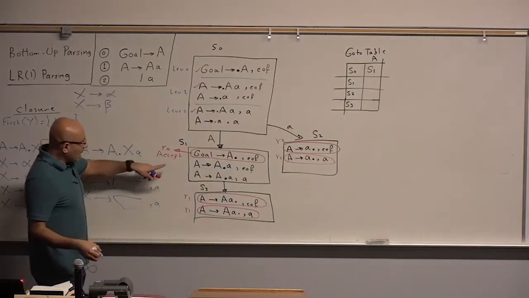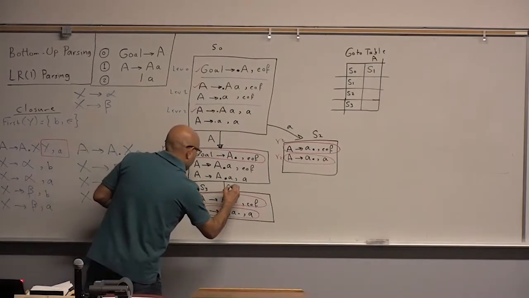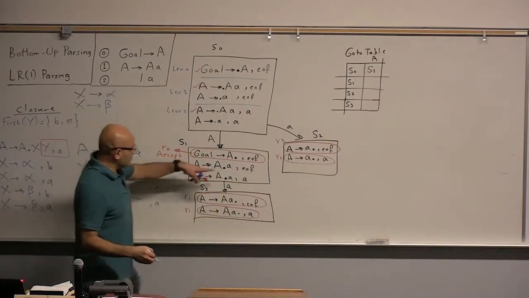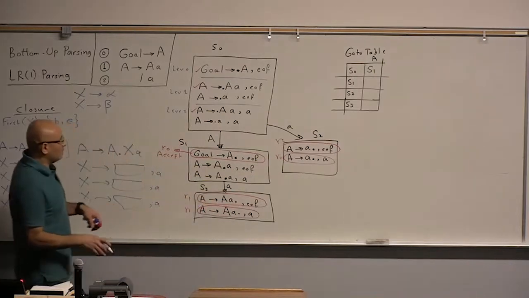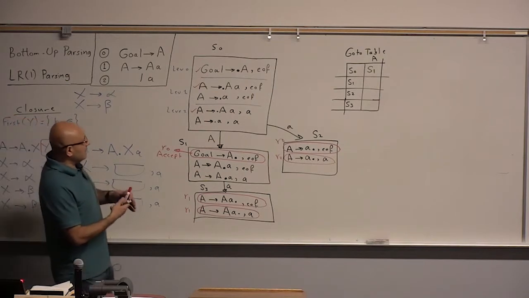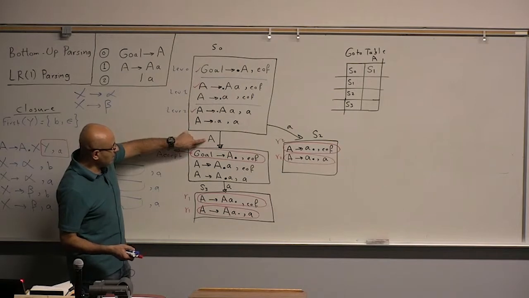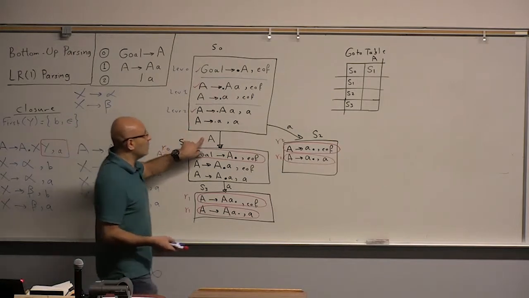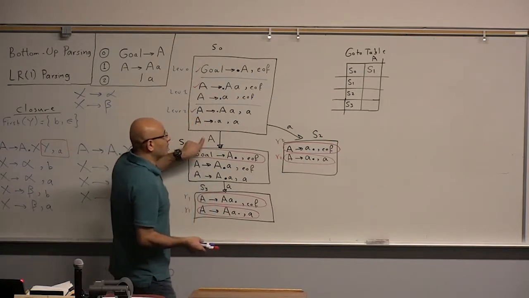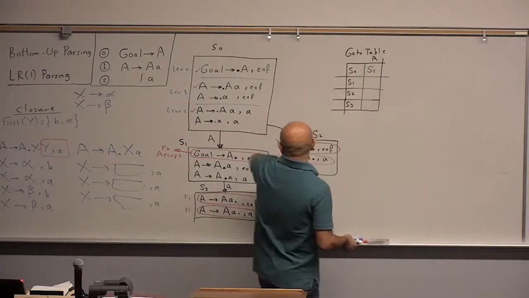Out of S1 or S2 or S3, there is no transition on a non-terminal. So the only state that has an outgoing transition with a non-terminal in it is S0. So the only entry in the go-to table here will be on A. If I'm in S0 and I get an A, I go to S1.